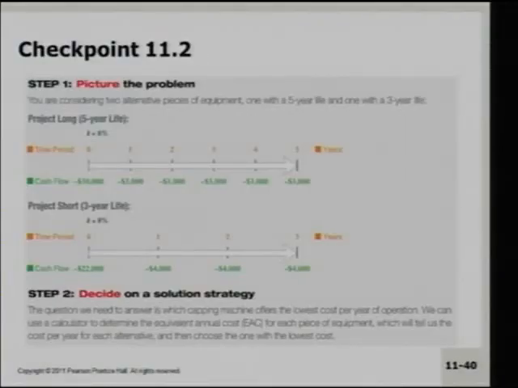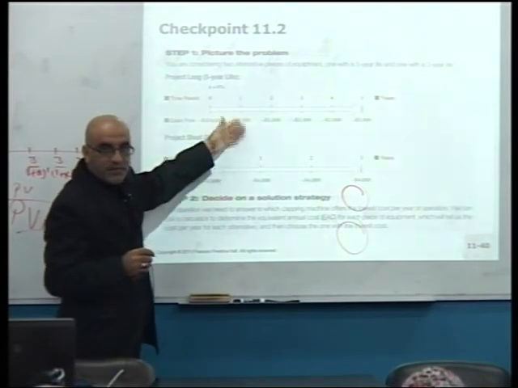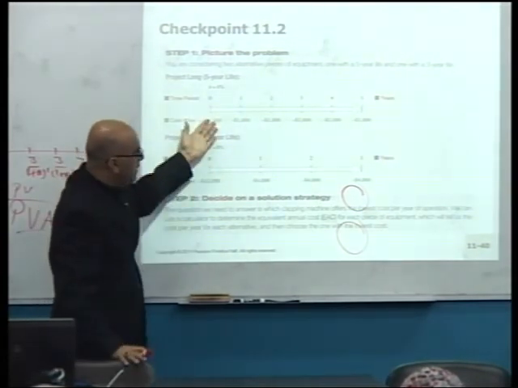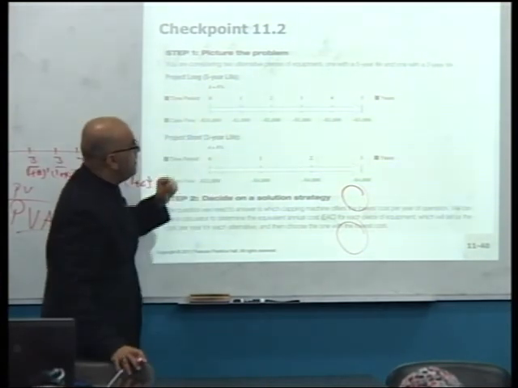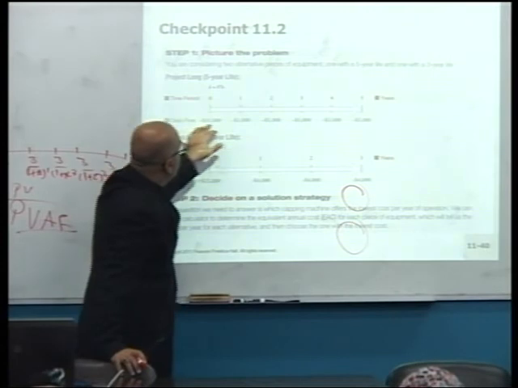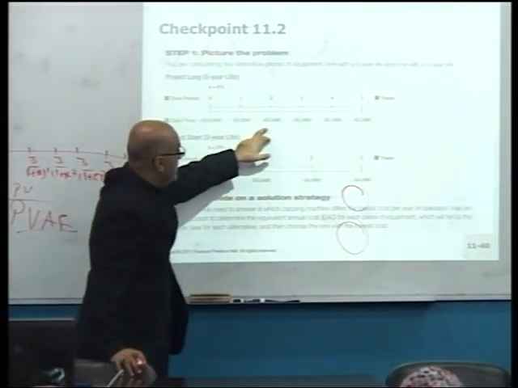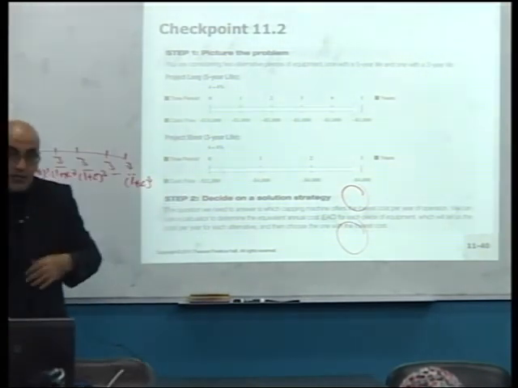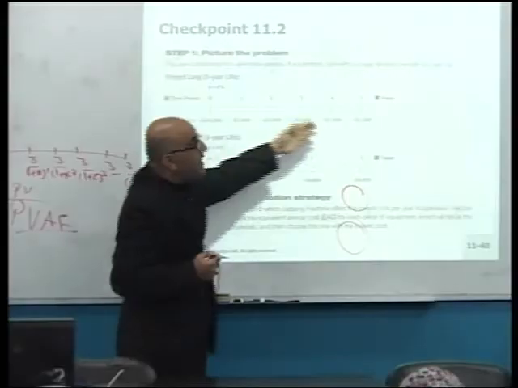What I want to do is equalize the lifespans: I want this one to be 5 years and this 5 years, or this 3 and this 3. So I want to equalize the cash flow. We have $30,000 here and 3,000. I'm asking myself, what is the annual cash flow that I have to pay for 5 years?